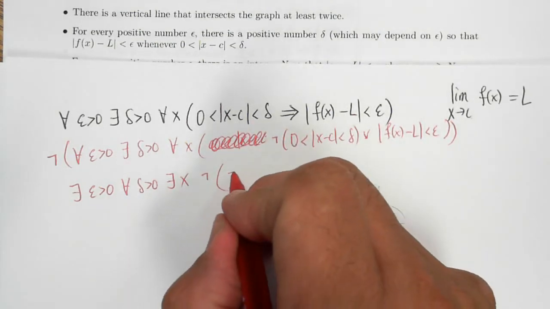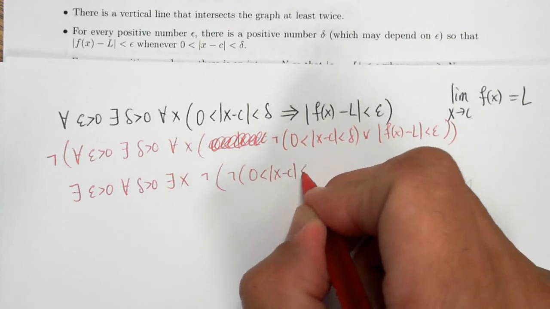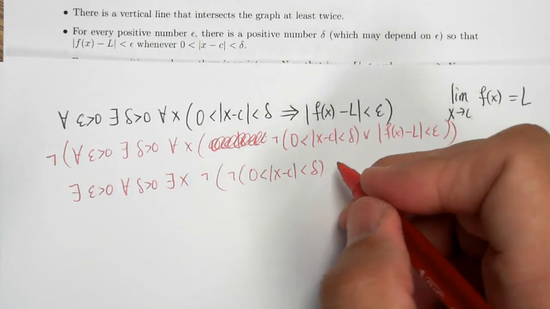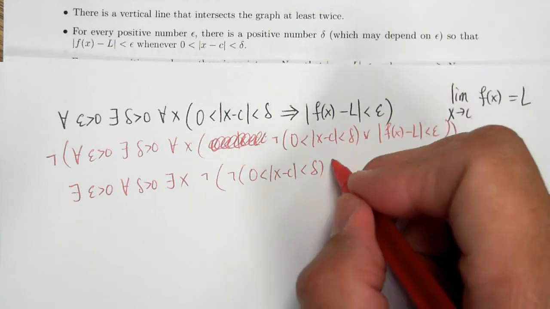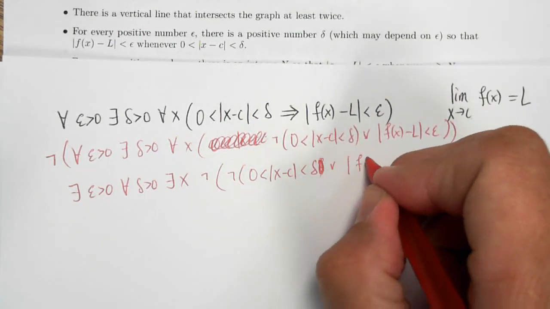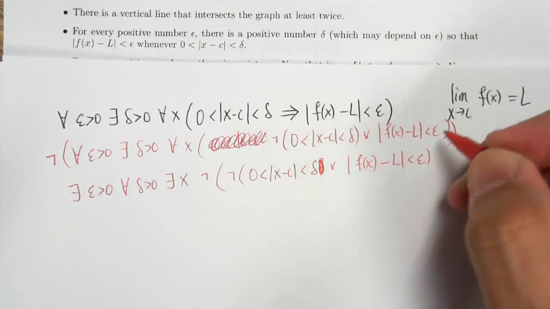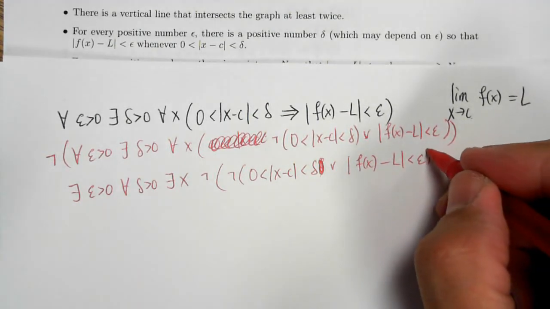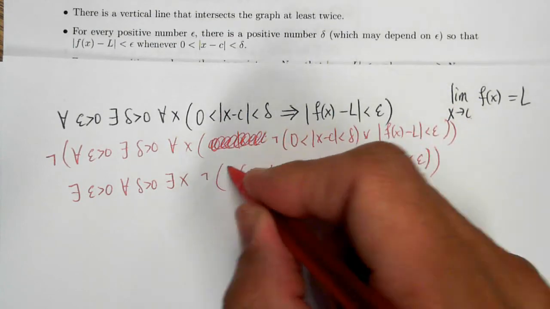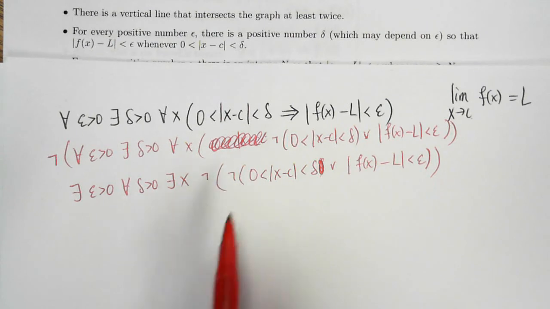So the negation of 0 < |x - c| < delta, I should have closed those parentheses, or |f(x) - L| < epsilon. That closes the or, and this closes the negation.